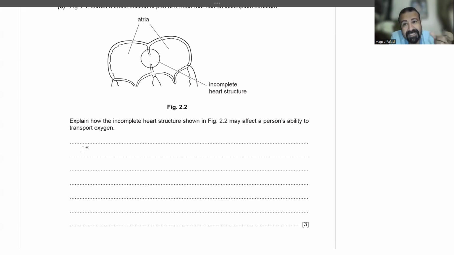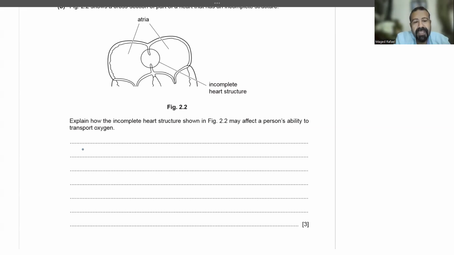If they both mix, Malak, doesn't that mean less oxygen will be pumped to the body? Because the blood became mixed now, not pure oxygenated blood. You got it?